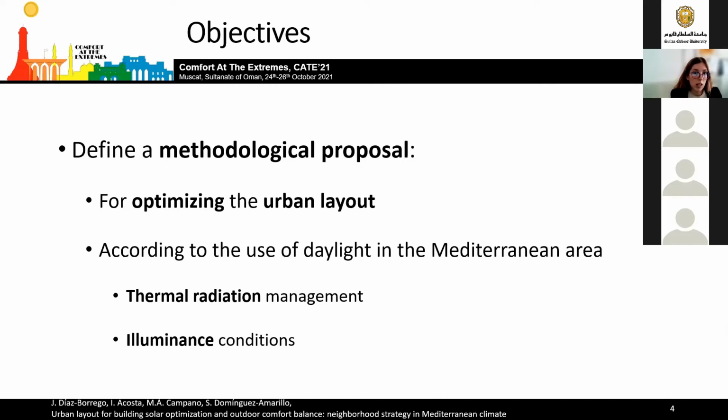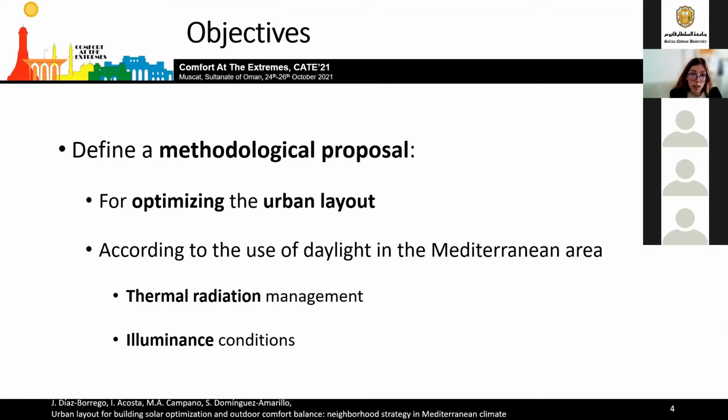In view of the foregoing, the aim of this new research is to reach a methodological proposal that allows optimizing urban layout according to the use of daylight in the Mediterranean area, both in terms of thermal radiation management and luminance conditions.